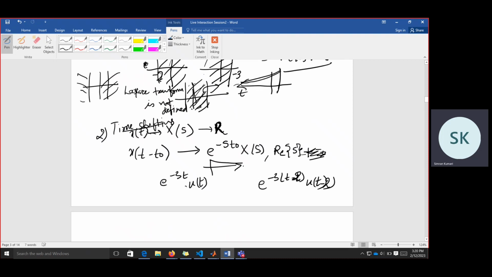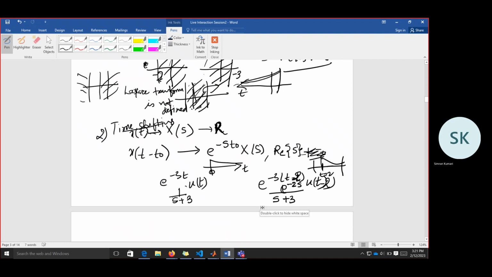So earlier it was u(t), starting at t equal to 0. Now it is starting from t equal to 2. It is shifted. The Laplace transform was 1 by s plus 3, so its Laplace transform will be 1 by s plus 3 times e to the power minus 2s.